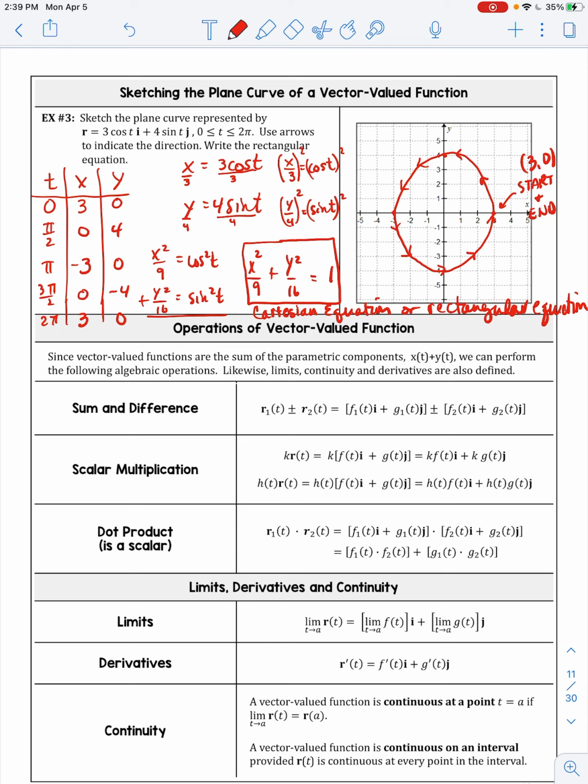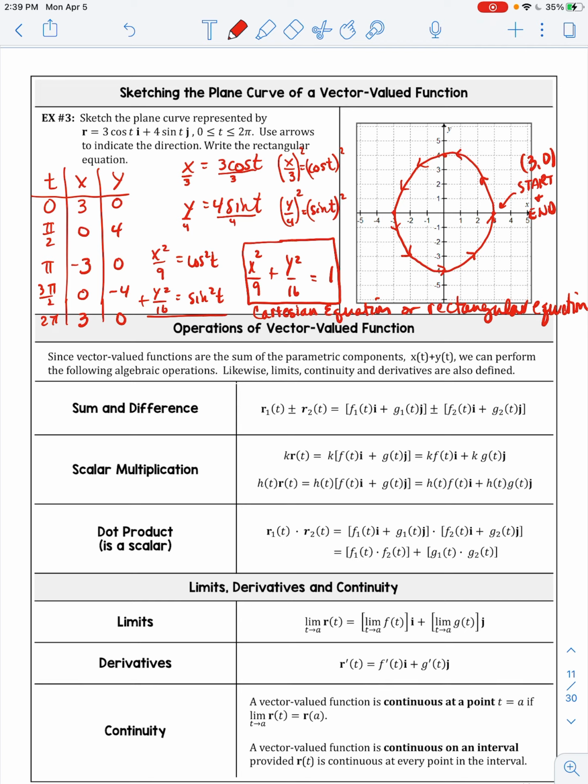Since vector-valued functions are the sum of the parametric components x of t plus y of t, we can perform the following algebraic operations. Likewise, limits, continuity, and derivatives are also defined. So if I'm taking the sum or the difference of a vector-valued function plus another vector-valued function, I would just take my f of t i plus g of t j and add my second f of t i plus my second g of t j.